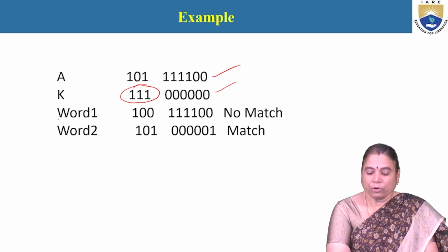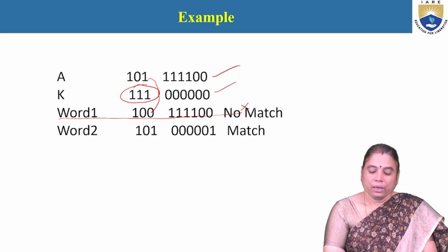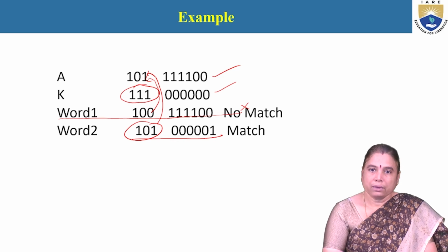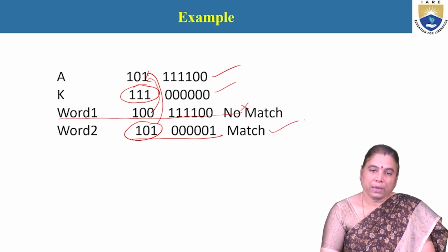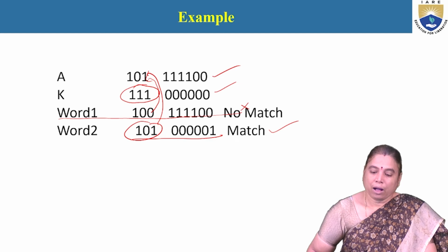If the stored word 1 is this, these values can be compared with the argument register, so there is no match. In case of word 2, these values have to be compared with the argument register. Both are equal, then there is a match. So in this way, the CAM can be operated.